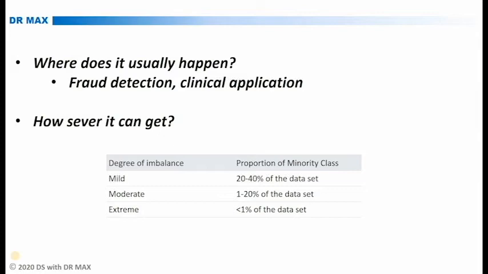That is the most difficult because we have such a rare event to predict and we have our challenges there. So with that, let's get started talking about how we can treat imbalanced datasets. What are the main ideas behind solving these problems?